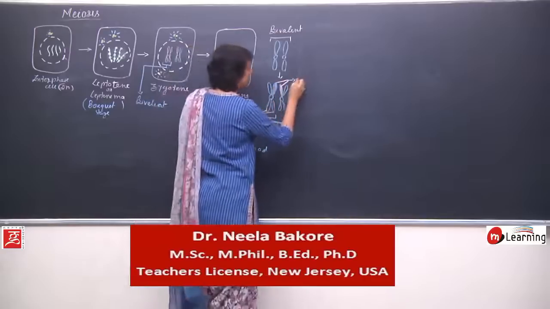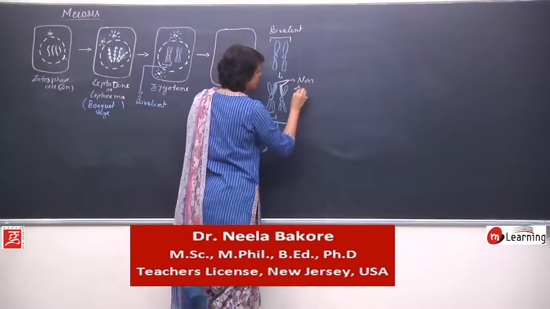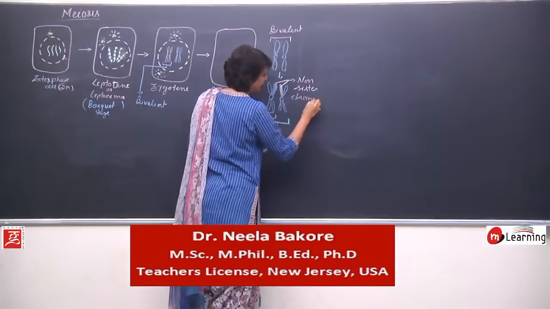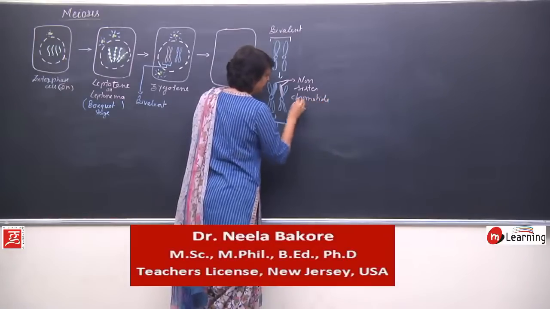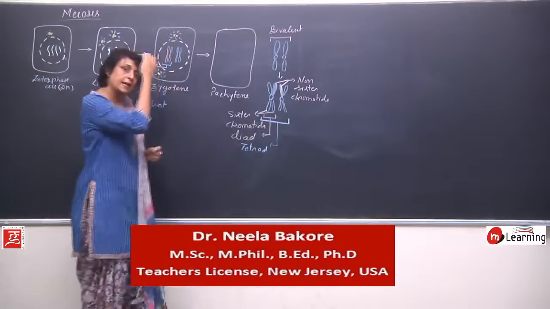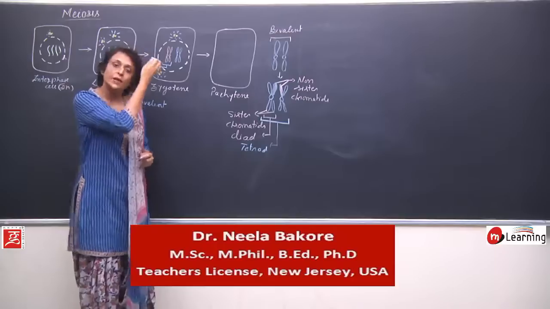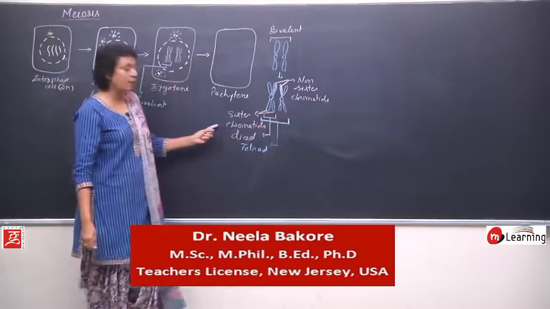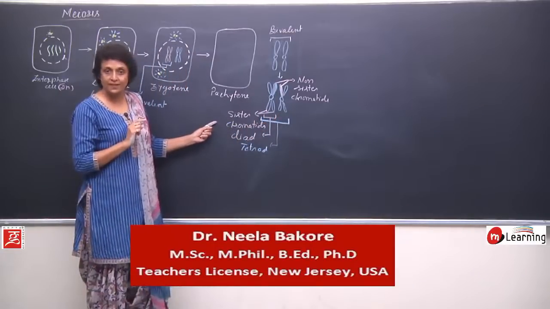They are known as non-sister chromatids. This is important for us to understand because crossing over takes place between non-sister chromatids. It cannot take place between sister chromatids.